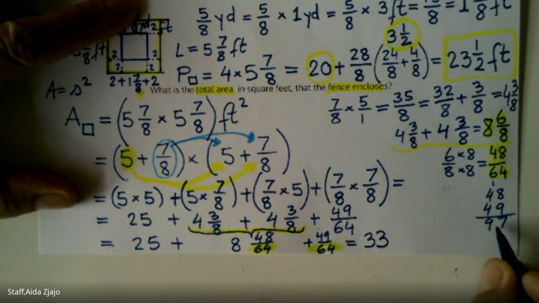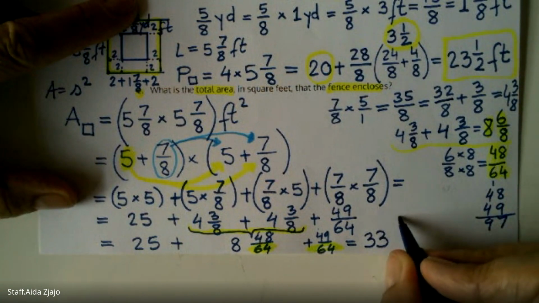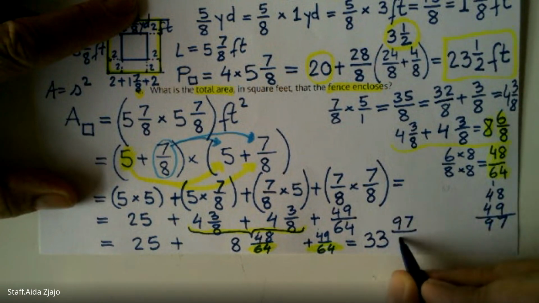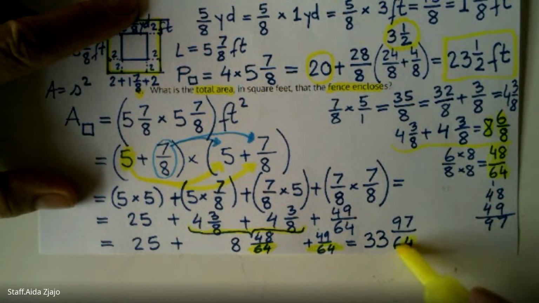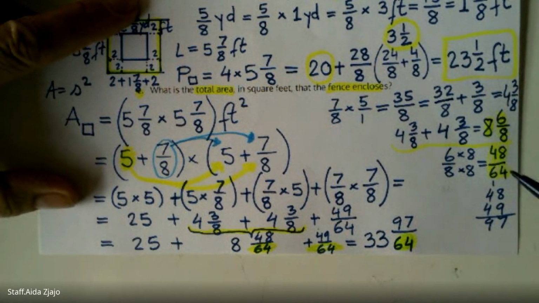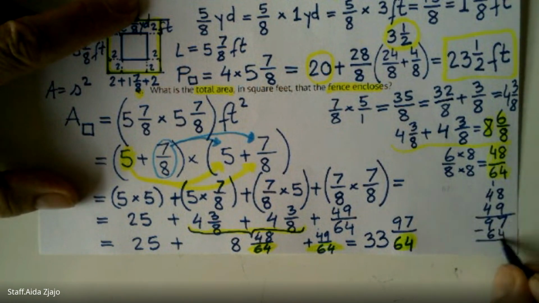And 97/64. Because the whole is made of 64, I have a 64 and 97. So I can see that 97 minus 64 is 33.